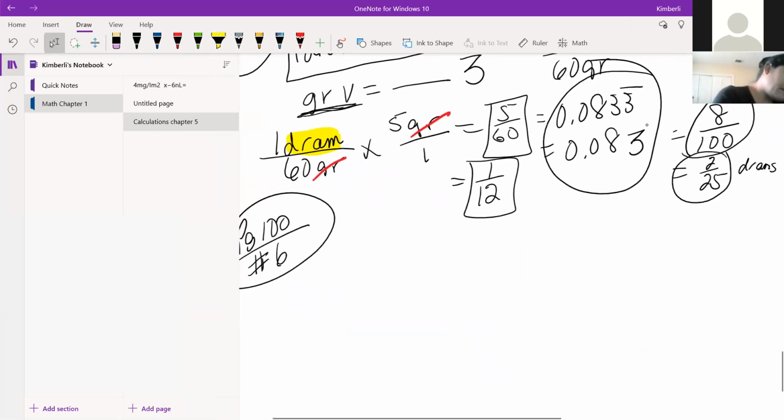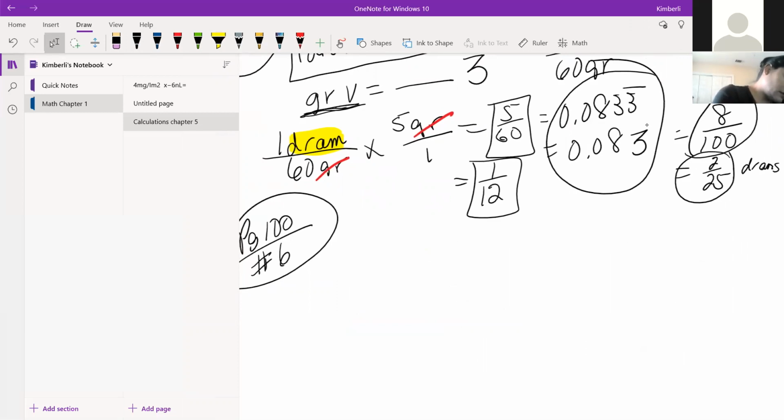I think I changed the, okay. I'm still getting used to this tablet, so now all of a sudden the left side is too big. I'll fix it later.